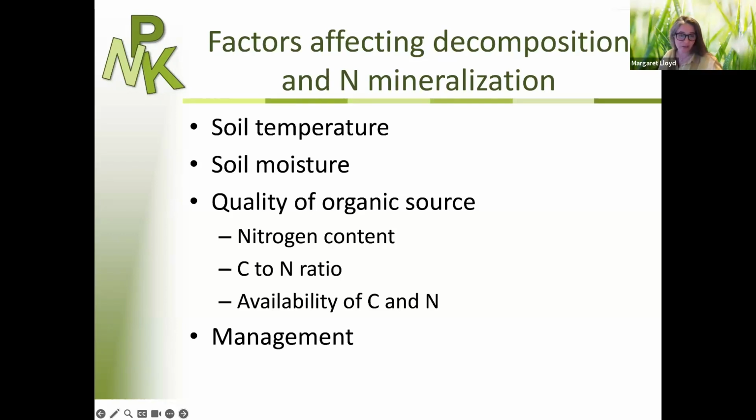And that's going to influence the availability of the carbon to nitrogen. And when we put all these things together, how we're managing our field is going to influence that availability. So in our discussions today, especially, you'll see all of these come up and influence how to estimate availability of carbon and nitrogen.